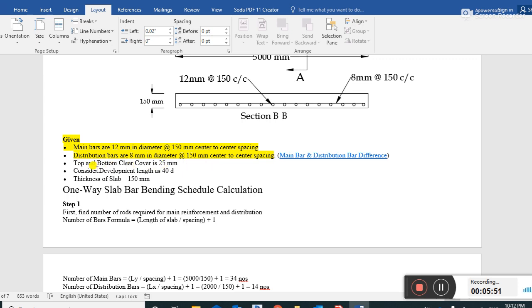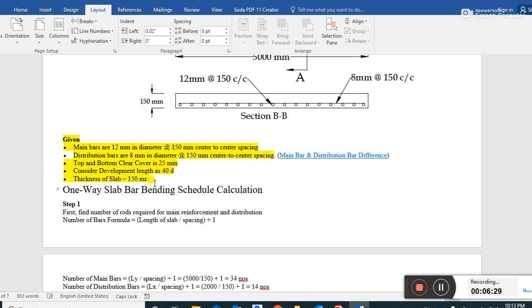Clear? Top and bottom clear cover is 25 millimeter. For the design of the slab, once the drawing is ready, we decide all these given parameters, and if not given, we can assume the same dimensions. Consider development length as 40D, where D is the diameter. Thickness of slab is 150, guys.